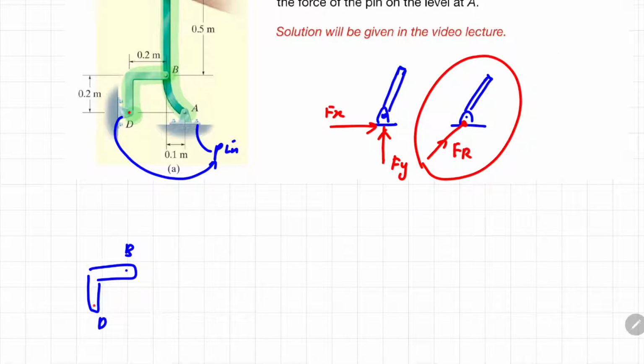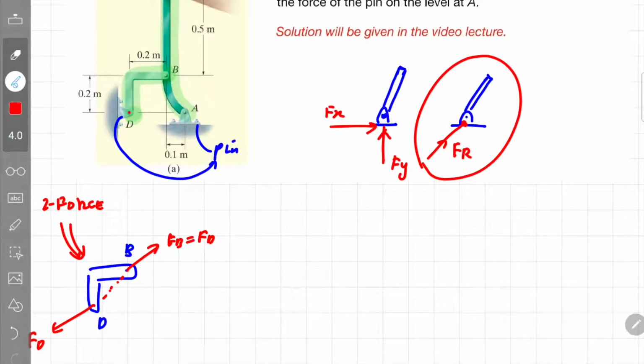If this is my force at D, you notice this is actually a 2-force member. For this 2-force member to be in an equilibrium state, the corresponding force in the opposite direction must have the same magnitude. If we call it FB, then FB must be equivalent to FD, because it must be the same magnitude, except that it has the opposite direction and must be at the same line of action. So this is an example of a 2-force member.